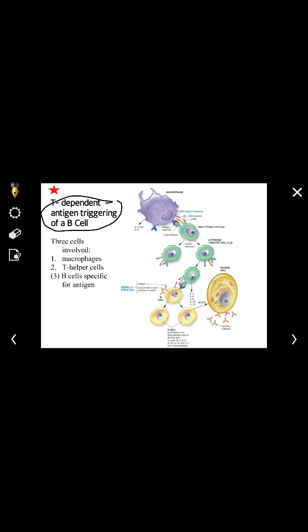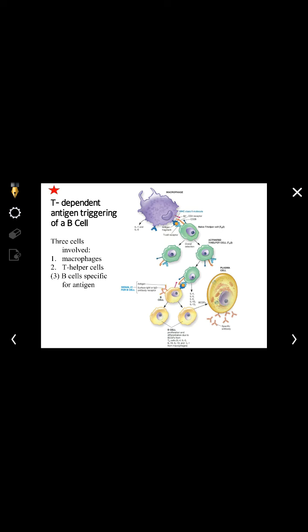So let's say a macrophage comes up to a naive T helper cell that doesn't know anything about what to look for. So it's naive, non-active, it's just sleeping. An MHC class 2 molecule will bind to a CD4 receptor of a T helper cell, and the CD28 will associate with that B7 over here.